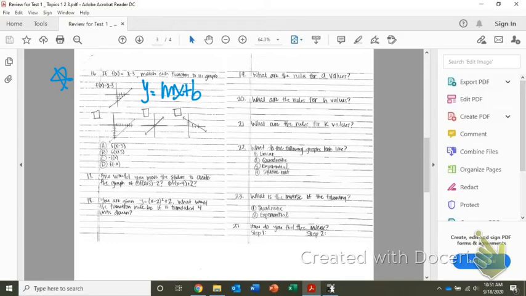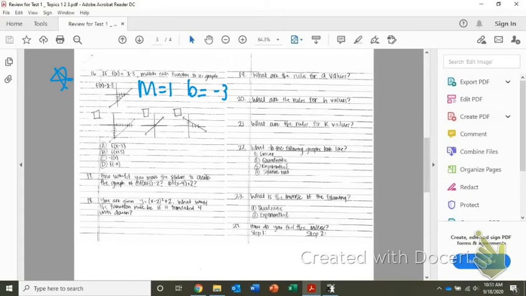Just a linear function. So, in this case, our m is 1 and our b is a negative 3, which is why I started our graph at negative 3 and I went up 1, over 1, up 1, over 1, up 1, over 1. Okay? Now, you're given 3 graphs and you're given 4 options.